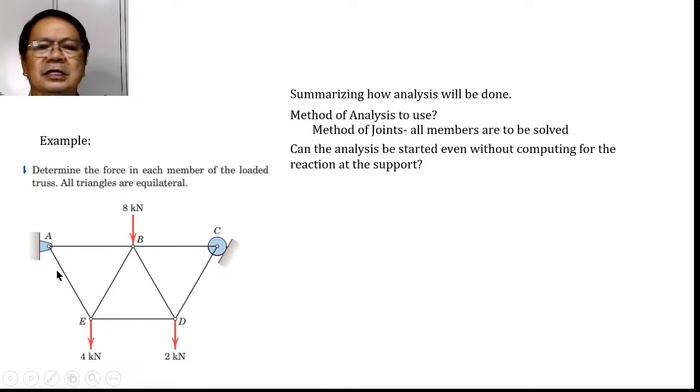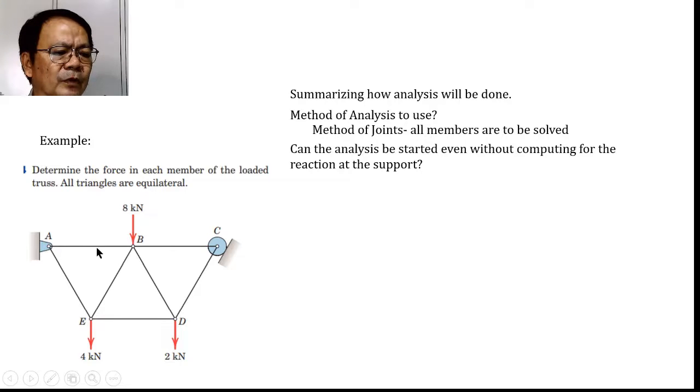But in this case, we can check, is it necessary that we should first compute for the reaction? By looking at any particular joint na kung saan meron siyang dalawang members na nag-a-act, and we can apply right away the analysis of joint.